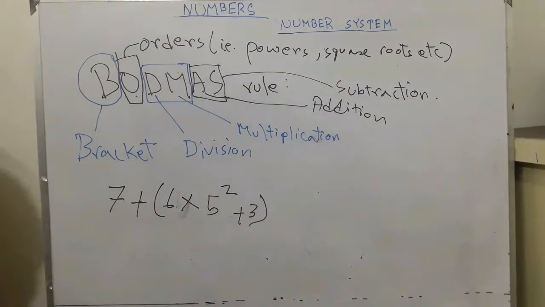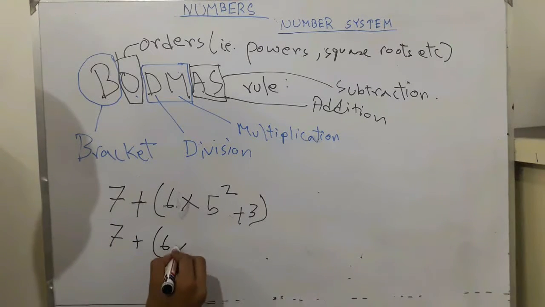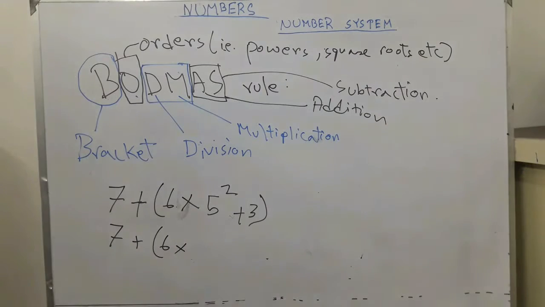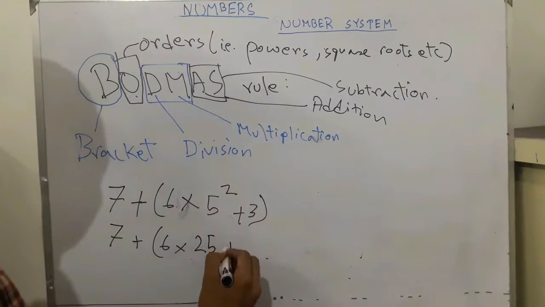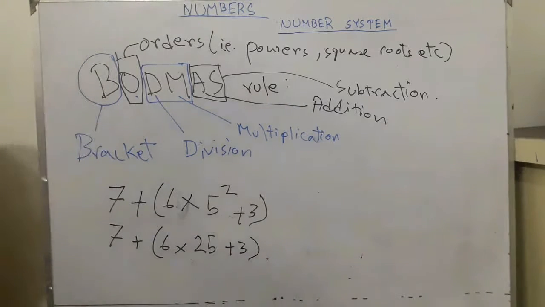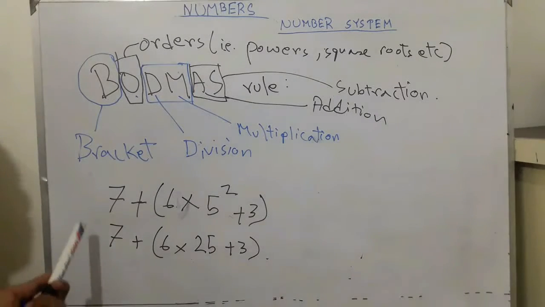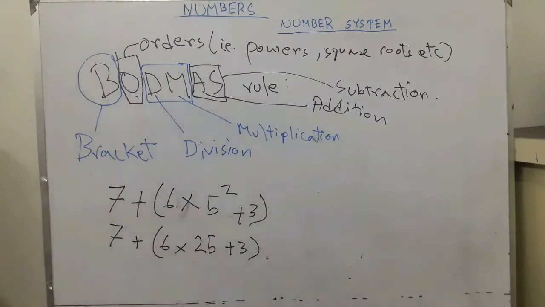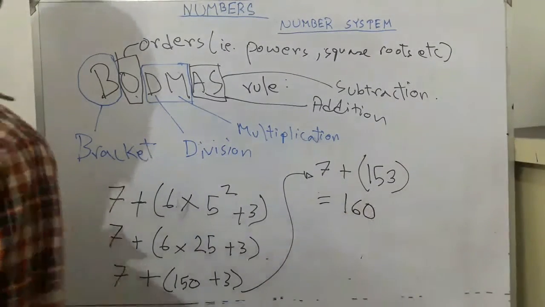So there is an order inside the bracket, so let us complete the order at first. That is 5 squared, so 5 squared equals 25. 25 plus 3. Okay. Then inside the bracket there is a multiplication and addition. We have to first do the multiplication and then complete the addition. So eventually it will be 160.